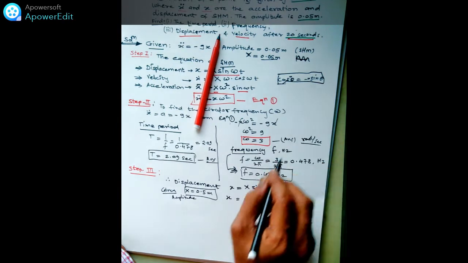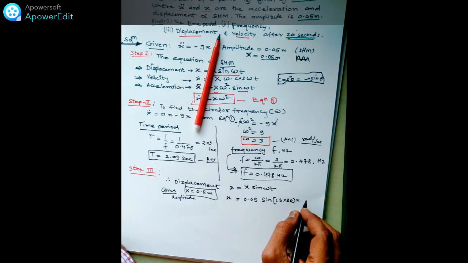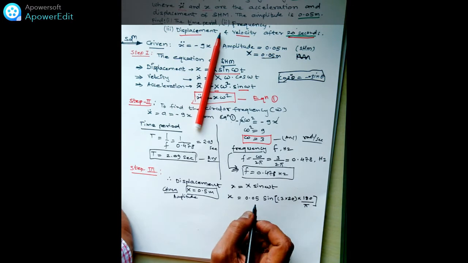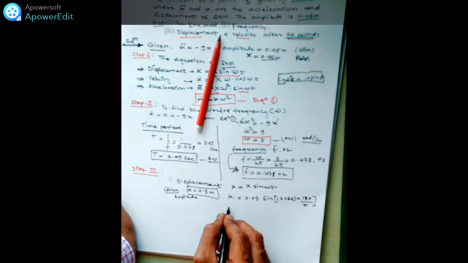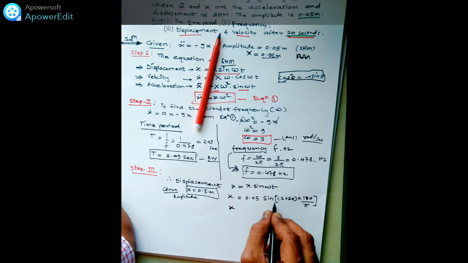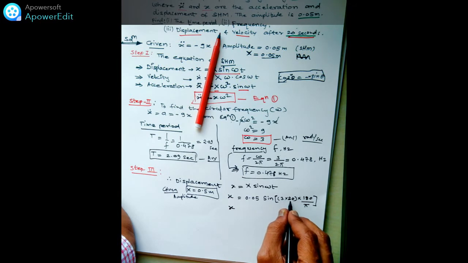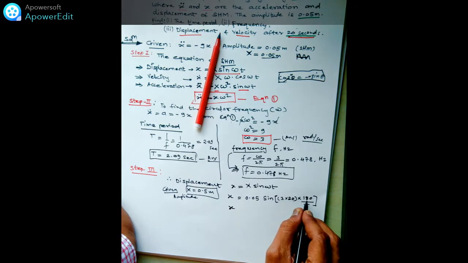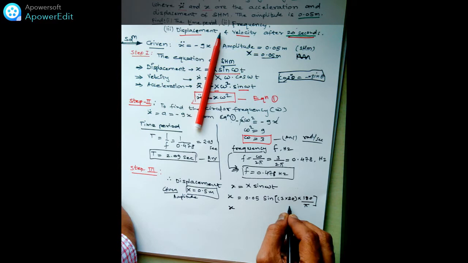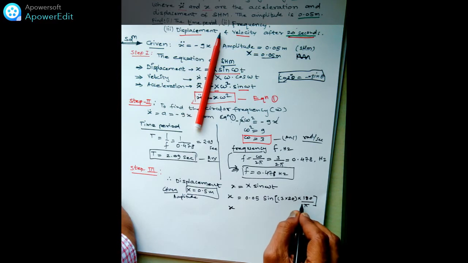To convert this radian into degree, we multiply it by 180 divided by pi. So solving sine of 3 into 20, that is 60, into 180 divided by pi.